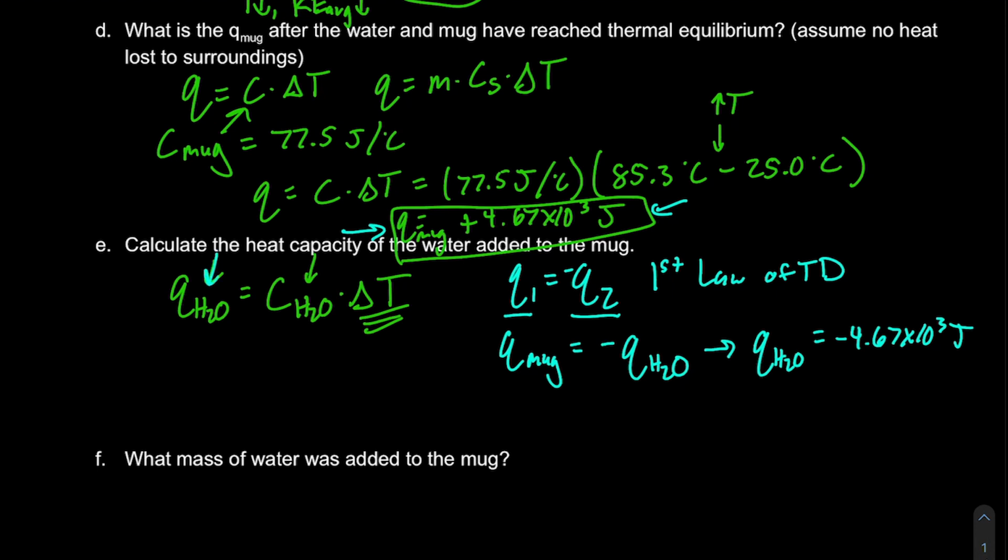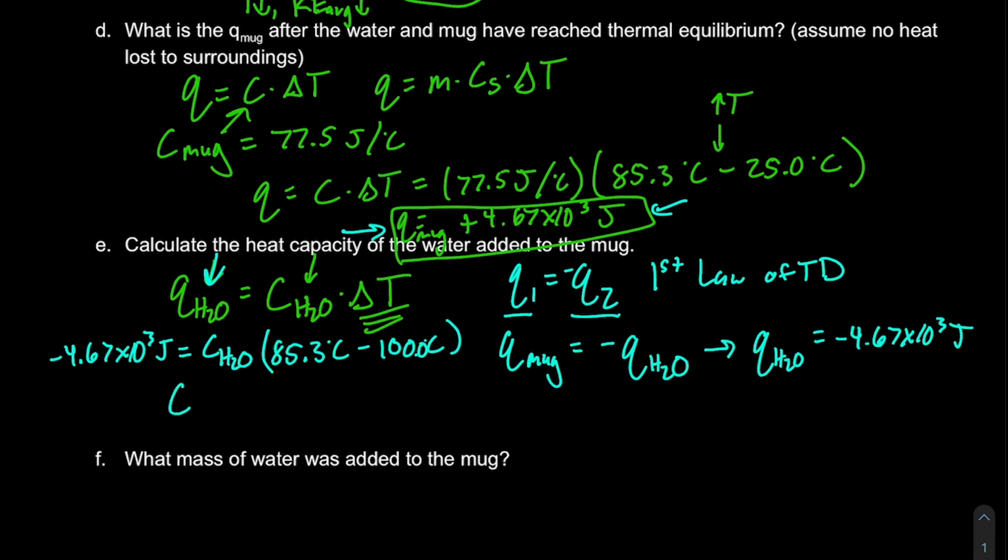Well, now we know the amount of heat that was lost by the water, so we can go ahead and plug in the information that we know to solve for our heat capacity. Negative 4.67 times 10 to the third joules equals the heat capacity of our water times our change in temperature. Final temperature, 85.3 degrees Celsius. Our initial temperature, 100 degrees Celsius.